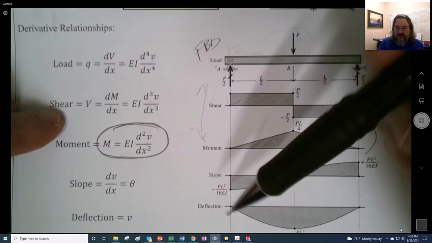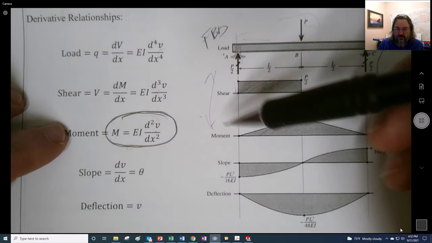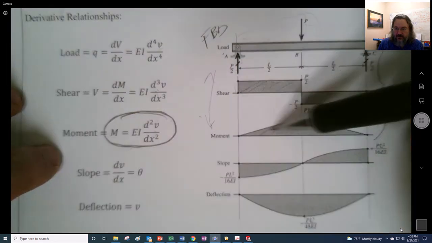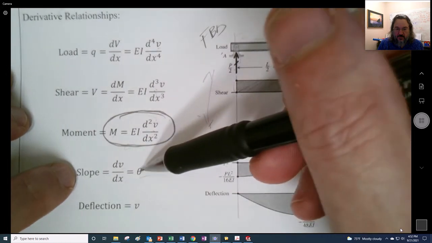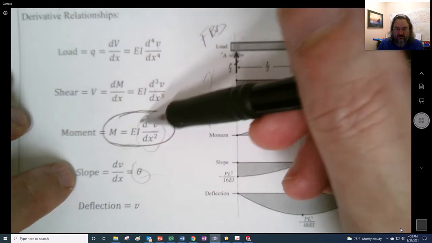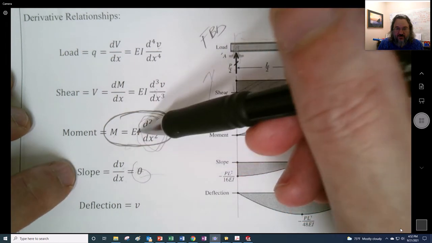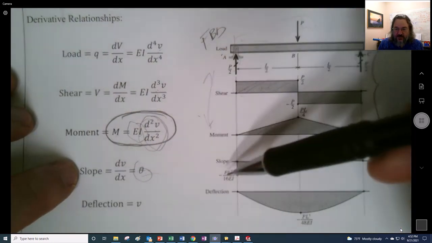And then if we want to go downwards, we have to integrate again, just because we were integrating as we were going down. And so if we integrate the moment diagram right here, we end up getting this right here. This ends up being the slope, right? So we're solving for this. Of course, we have to divide out by EI at this point in order to answer that. So here we go.